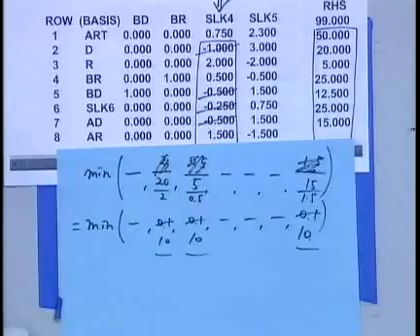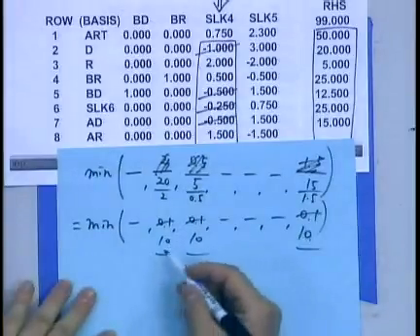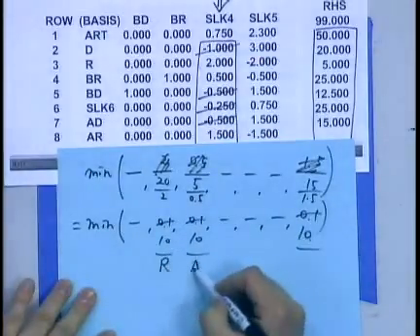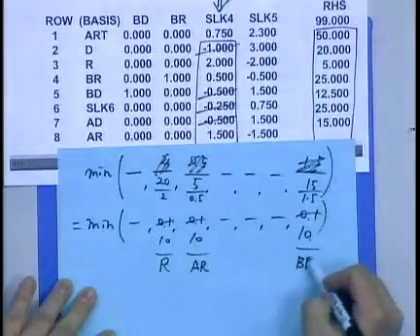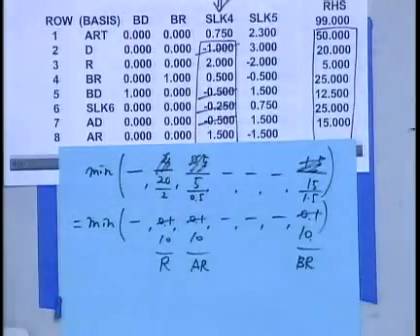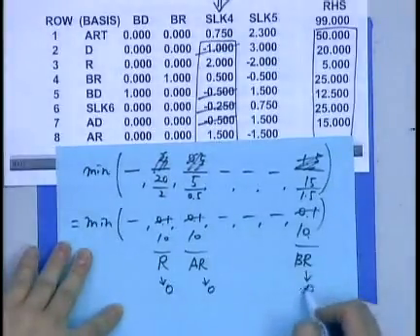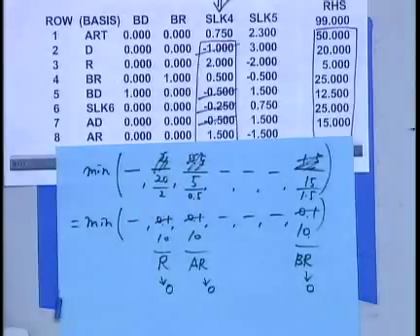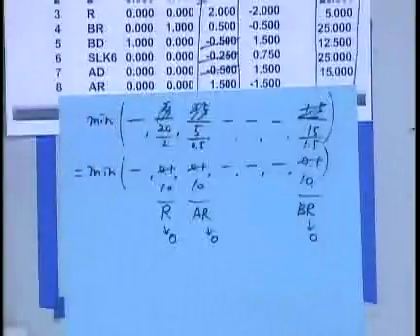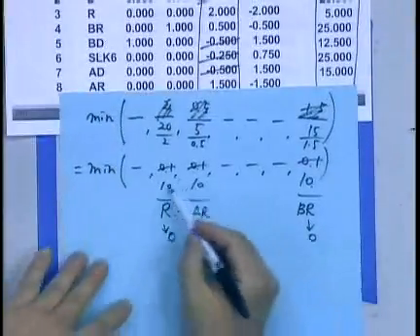What does it mean? The resulting solution will be degenerate, okay? With all three of the variables, I believe R, AR, and BR variables, decreasing to 0, right? So the value of slack 4 in the resulting basic solution would be 10, right?